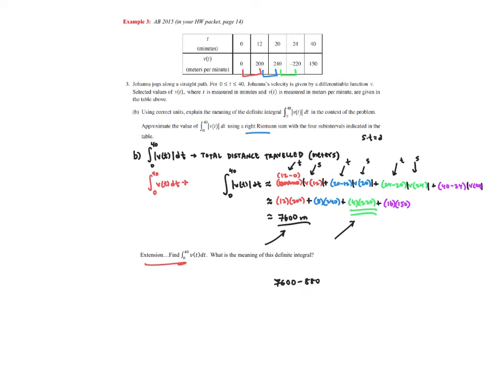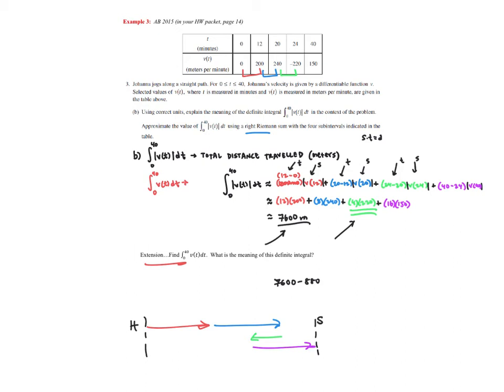Well, if we think of this as distance traveled, she's traveling to the right, and then all of a sudden turns around, goes to the left, and then travels to the right. Let's say this is home, and this is school, kind of the finish line, so to speak. If we travel along with her and take the absolute value of velocity, we found the total distance she traveled by foot.